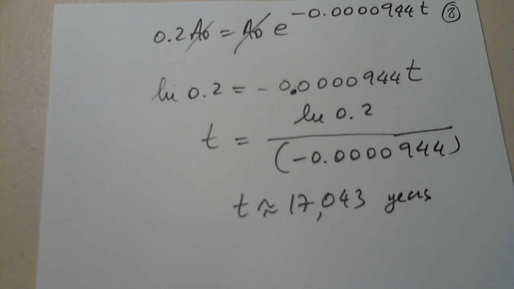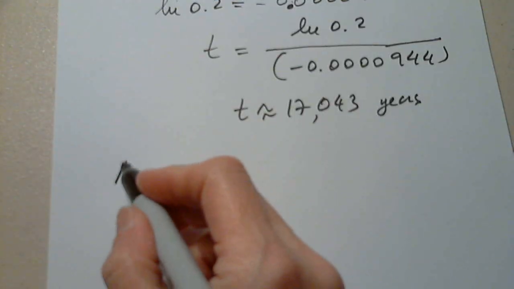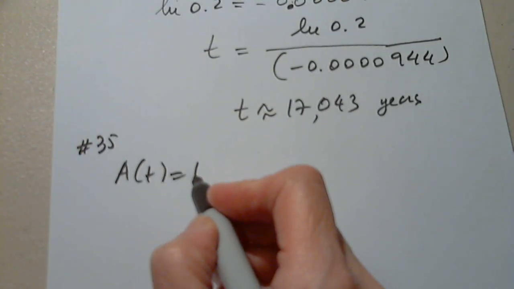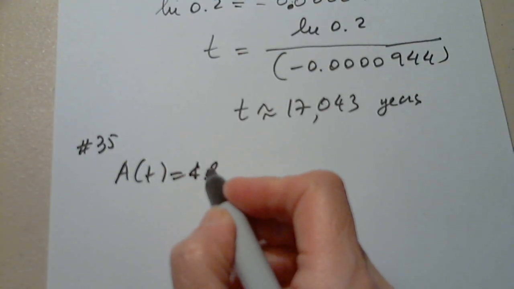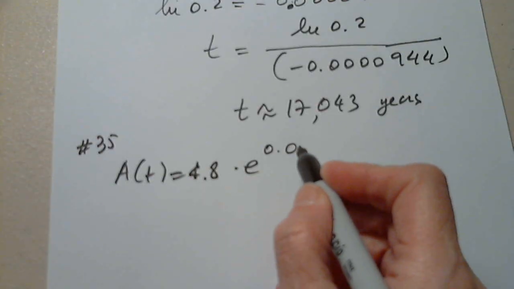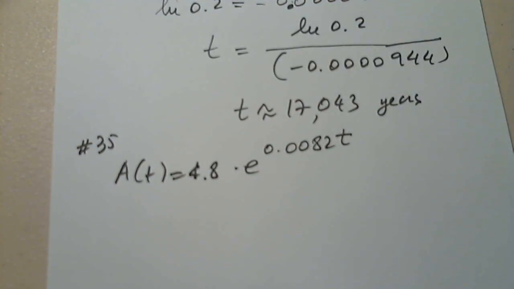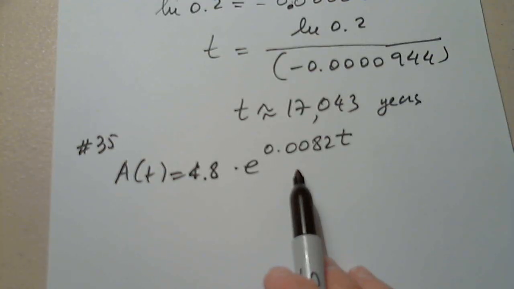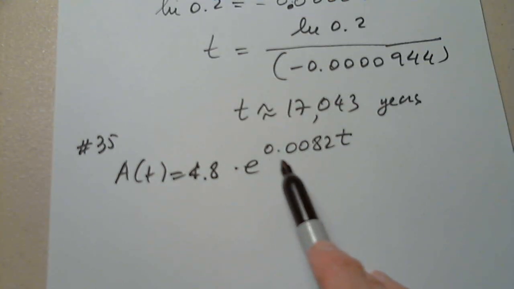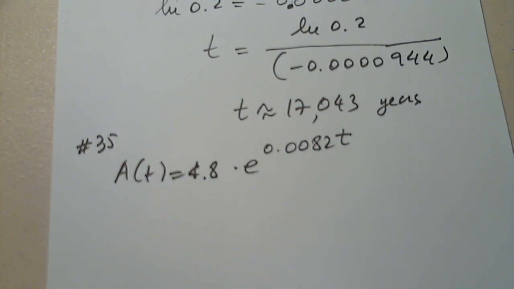Yes, can we do number 35, please? Yes, of course. It's the same model. In 35, A of t equals 4.8, the original, times e to 0.0082t. Because it's exponential growth, although tiny, the rate is positive. If it were negative, the population would have gone down.